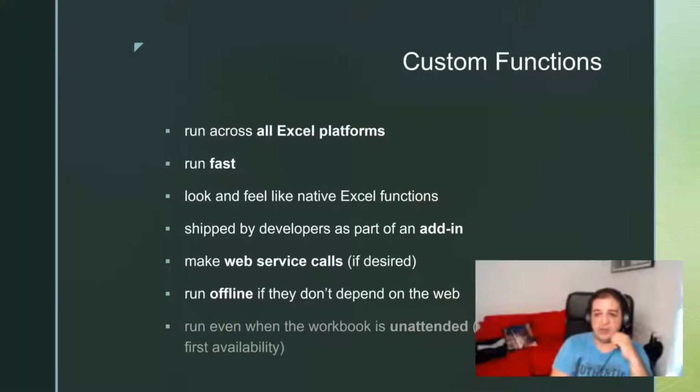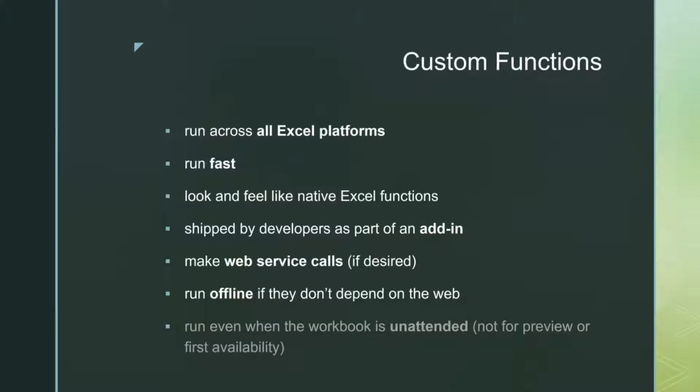Now what Microsoft did is they implemented a JavaScript runtime into Excel. So you can write your functions in JavaScript or TypeScript instead of using VBA or all those other methods that you could have used before.